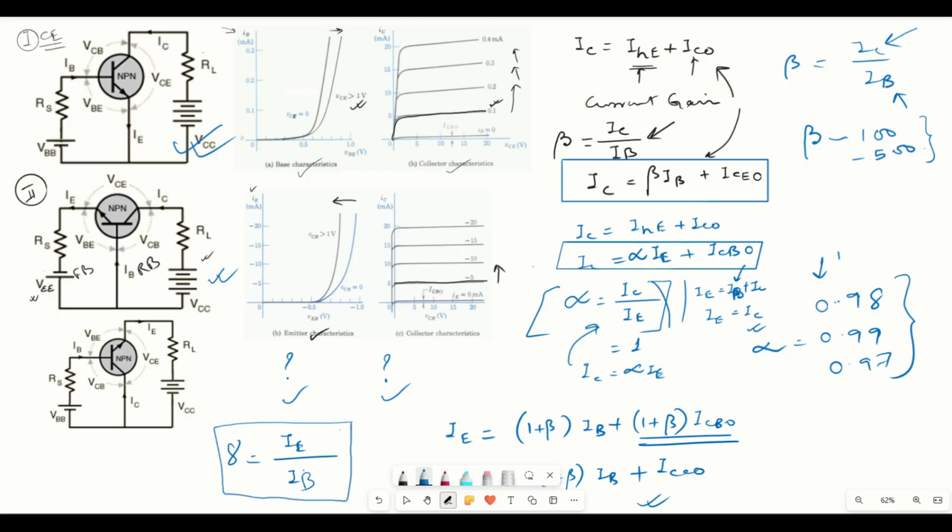The gamma term is higher than the beta term, and gamma is given by 1 plus beta. If beta is 100 to 500, gamma will be that plus 1. So we can also use this circuit as an amplifier because the gain is high.